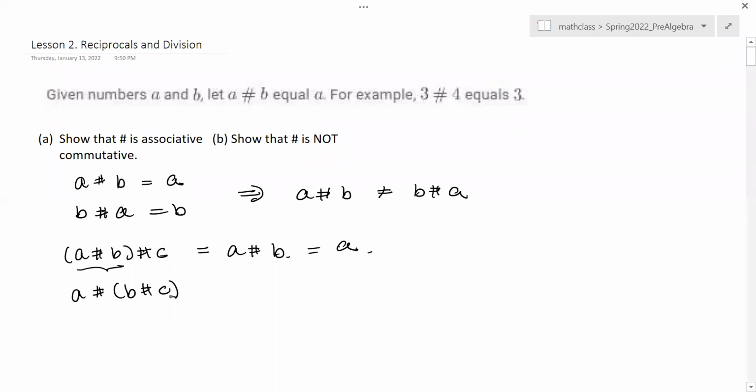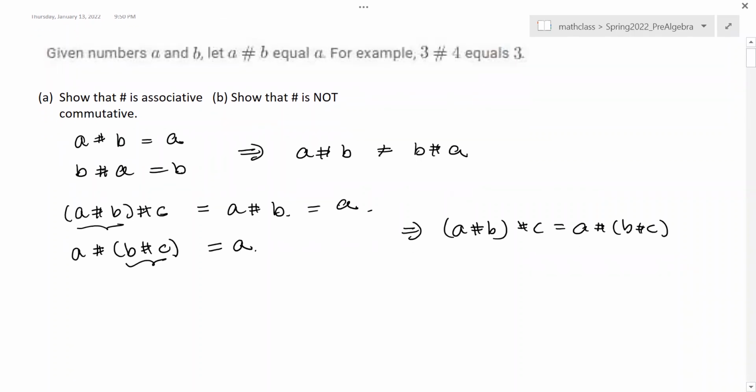Then you look at the other side, and you find this is only one number. So a plus some number, it doesn't matter what the exact number is, is always going to be a. Therefore, it is associative. So this rule is associative. We proved that; you have to verify without using specific values for a and b.